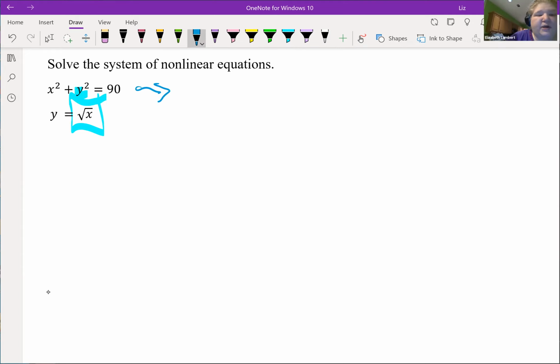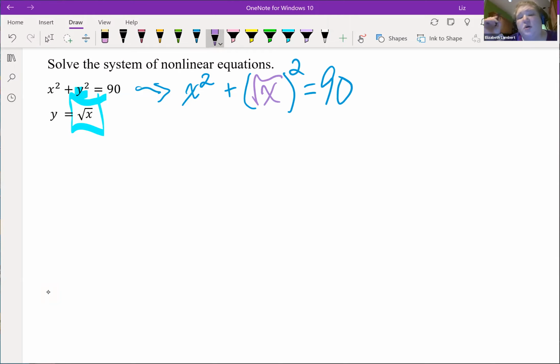So this will now become, it is still x squared, but now it is plus the thing that was y squared, still equal to 90, and the thing that was y in this case is now the square root of x. So square root of x squared is just x.